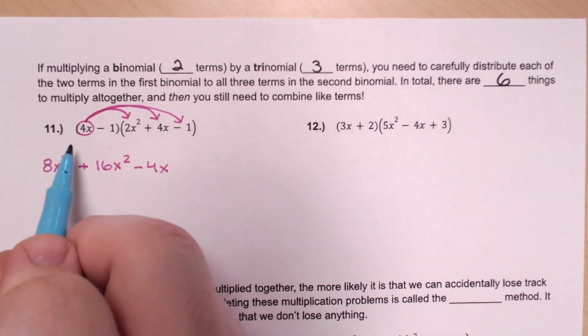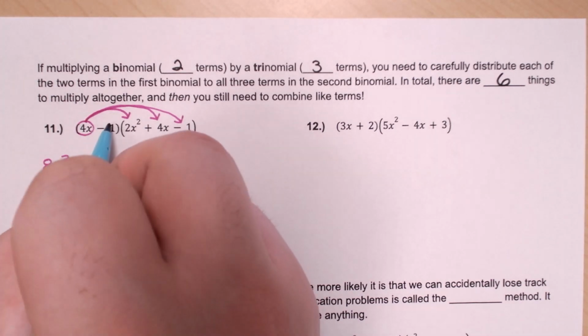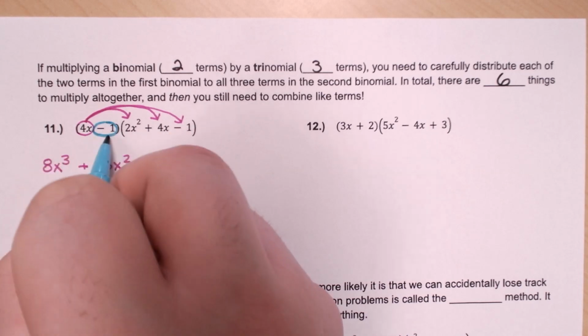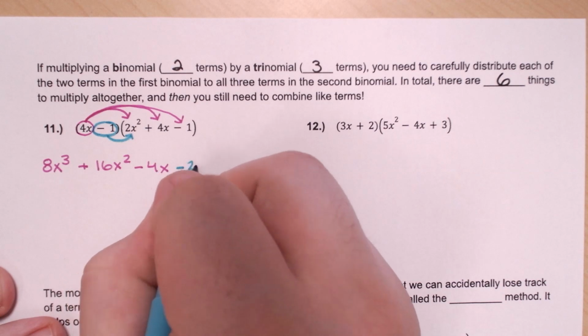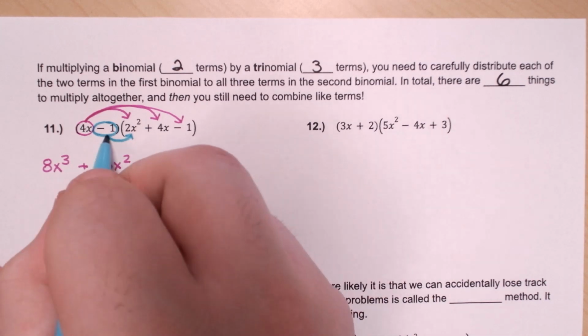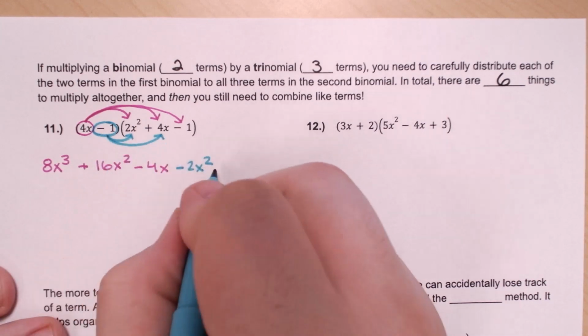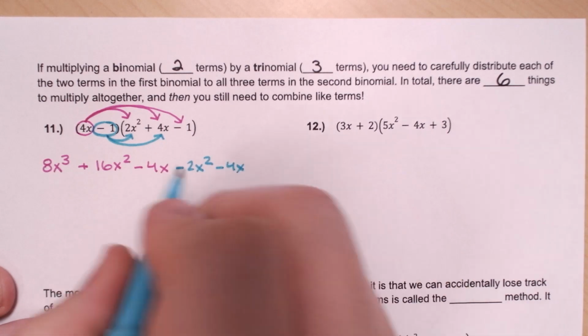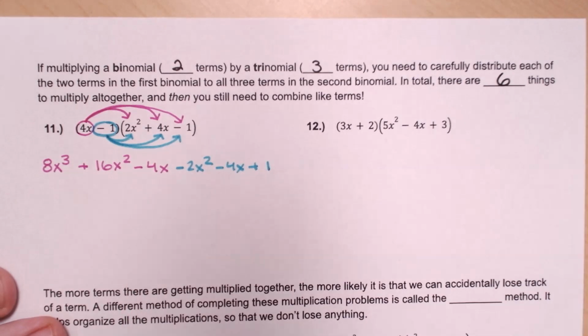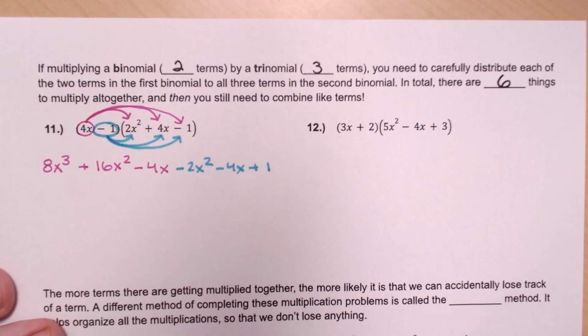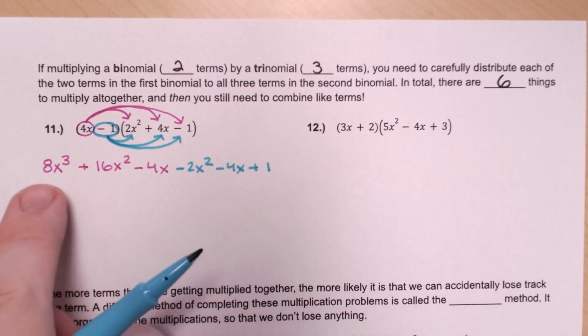And now I'm going to pretend that 4x wasn't there and instead use this negative 1. Negative 1 times 2x squared is negative 2x squared. Negative 1 times 4x is negative 4x. Negative 1 times negative 1 is positive 1. So these are my 6 products whenever I multiplied and distributed all these out.